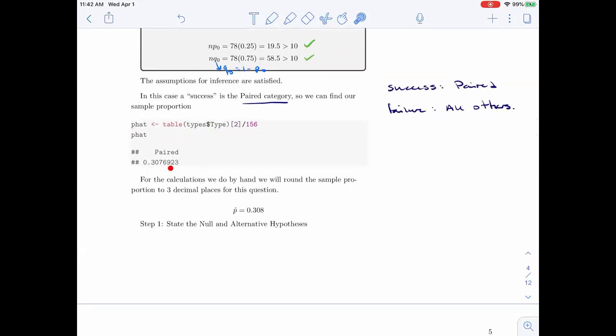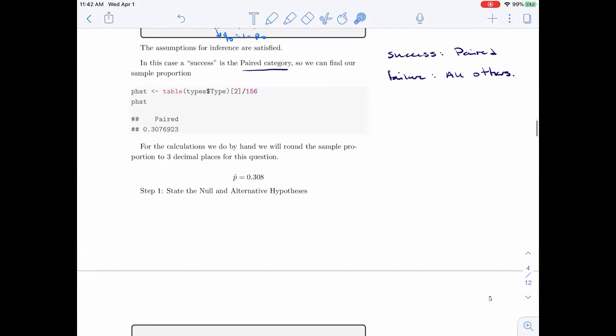But the sample proportion that we found earlier was 0.3076923. I'm going to round to 3 decimal places just because I want to capture that 0.308 at least. Ideally, I would use all of these, but it just gets a little bit out of hand. So 3 decimal places might be good.